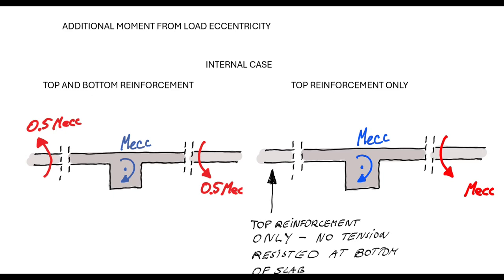So on the left side, if we try to transfer bending moment to that slab, tension would occur at the bottom of the slab, and because we don't have bottom reinforcement, we would not be able to resist that tension. So that's why we transfer the whole moment to one slab.